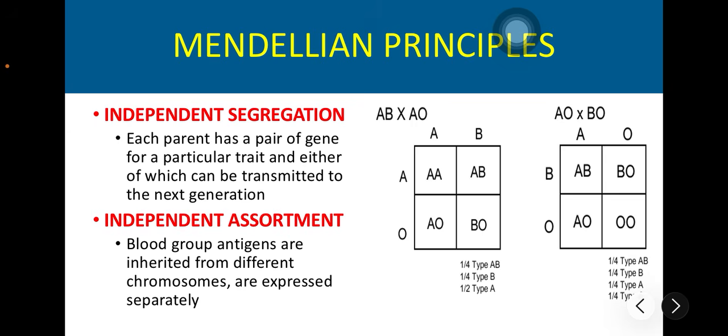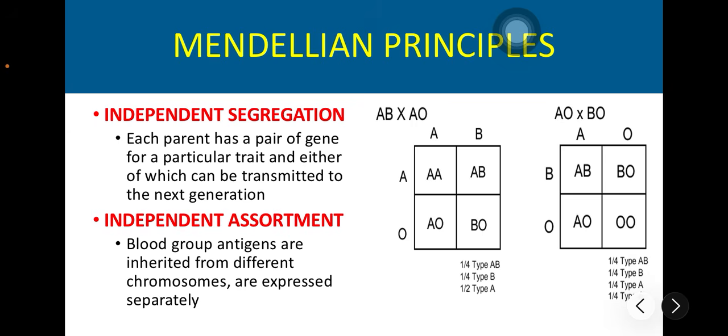So again, to further elaborate, independent segregation is the passing of one gene from each parent to the offspring. So there will be a transmission of a trait in a predictable fashion from one generation to the next. It illustrates that each parent has a pair of genes for a particular trait, either of which can be transmitted to the next generation.